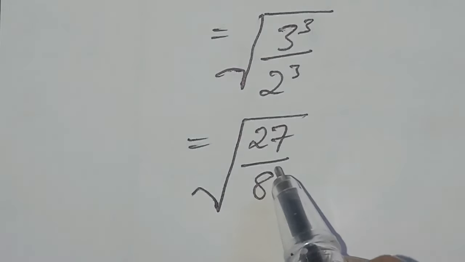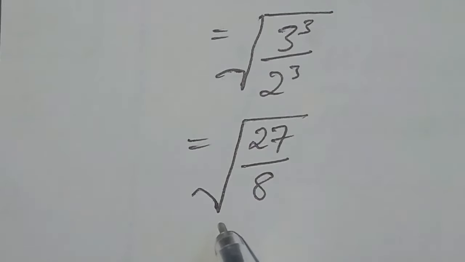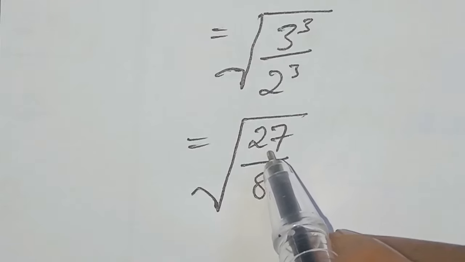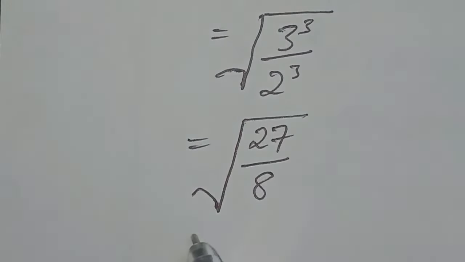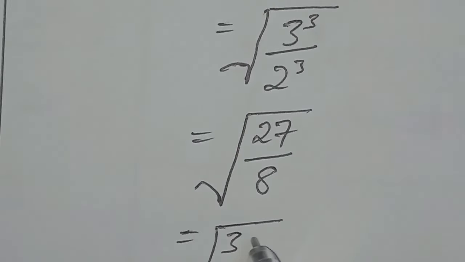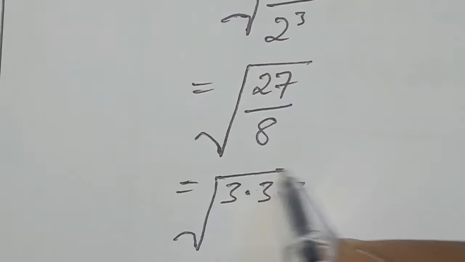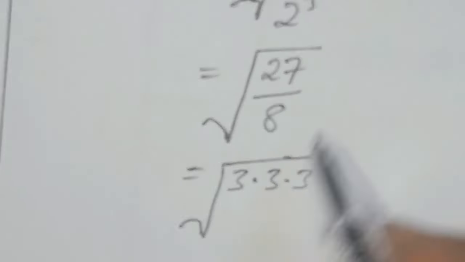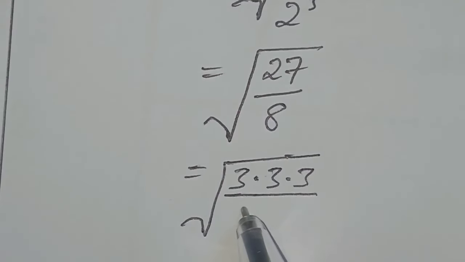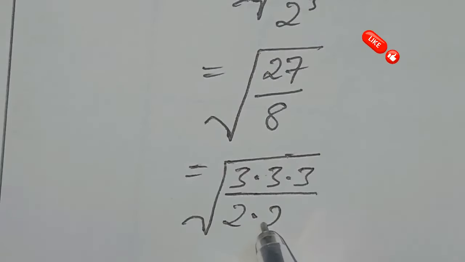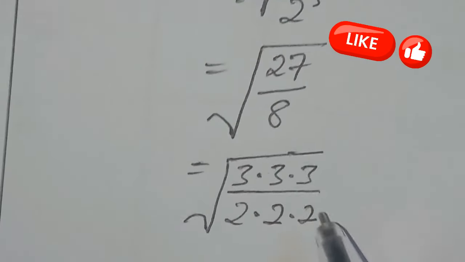We can split this as well. So we have this written as the square root of 3 multiplied by 3 multiplied by 3. That's what gives us 27. Likewise, from the denominator, 2 multiplied by 2 multiplied by 2.